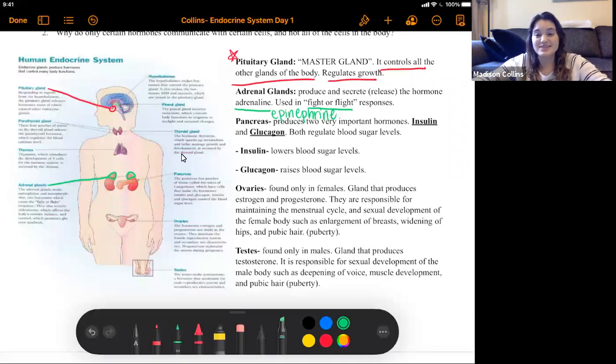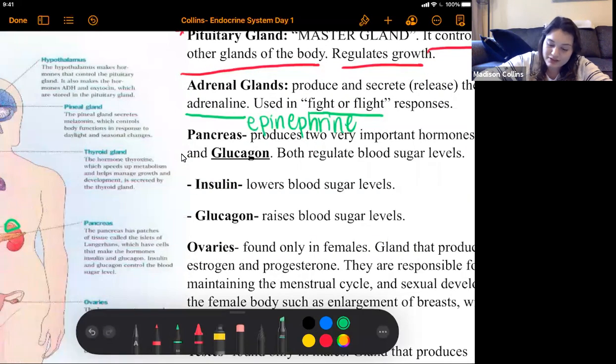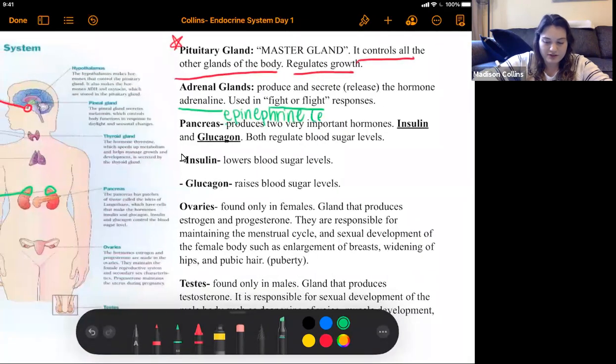Anytime your body senses danger, it's going to go essentially into like a survival mode and get ready to either run away or fight the threat. Okay, and that is the result of the hormone known as adrenaline or epinephrine. You might also see that the beginning of this word epinephrine starts with the letters EPI, which kind of looks like something you may be familiar with known as an EpiPen.